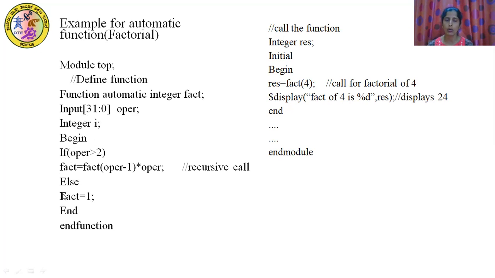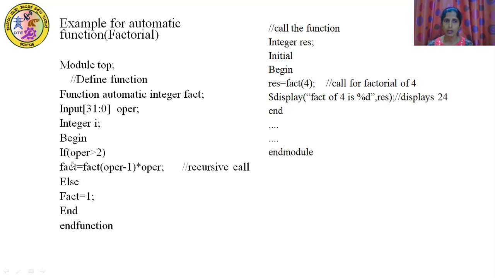As we all know the procedure of calculating the factorial of a number, here fact is equal to fact of operand minus 1, multiplied by operand. So if the value of the input number is greater than 2, we go on taking the successive products to compute the factorial of the number.